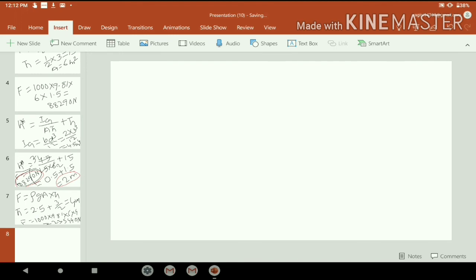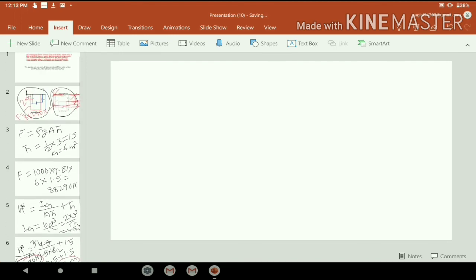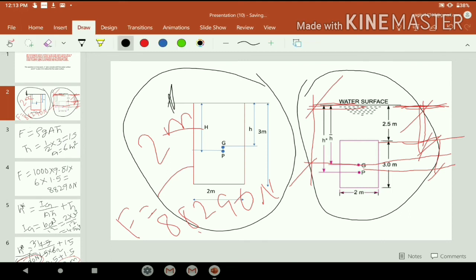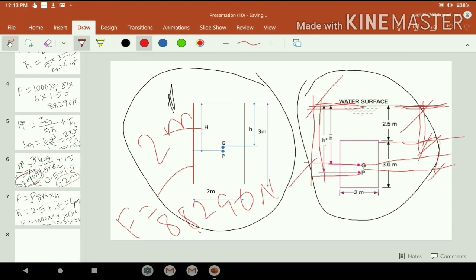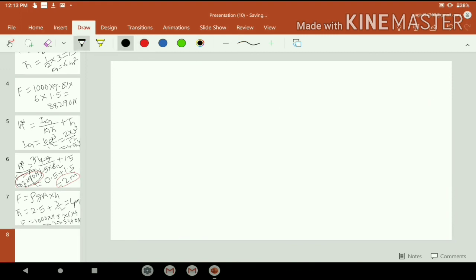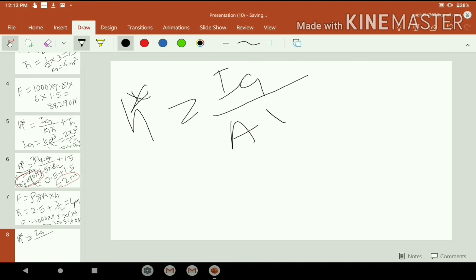Now for the first position, when the plane is 2.5 meter below the free water surface, we have to determine the h star again. The formula is the same: H star equals Ig divided by A into H bar, plus H bar.